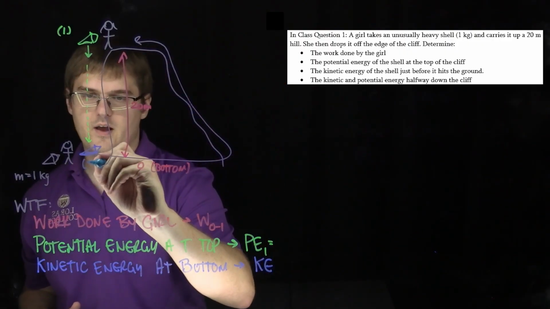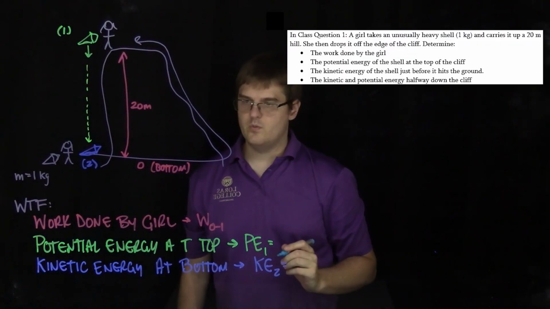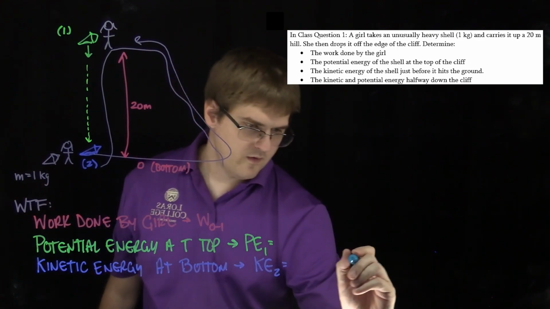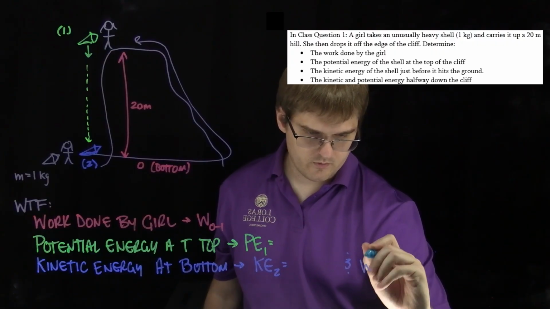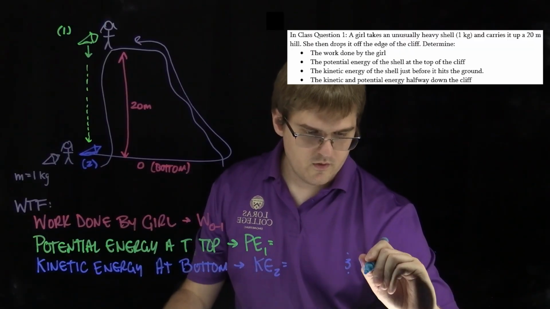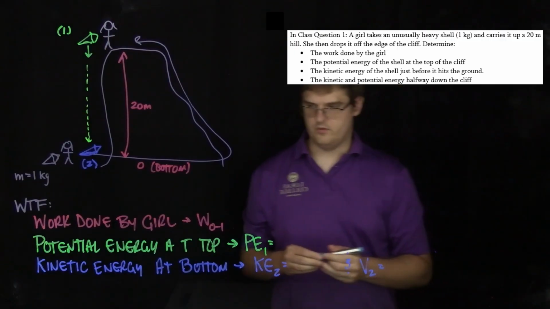We're going to call this guy time 2. So kinetic energy at 2. And we also want the velocity. It's probably more than enough space, but velocity is not a W. Velocity at time 2 is our velocity right before it hits the ground.